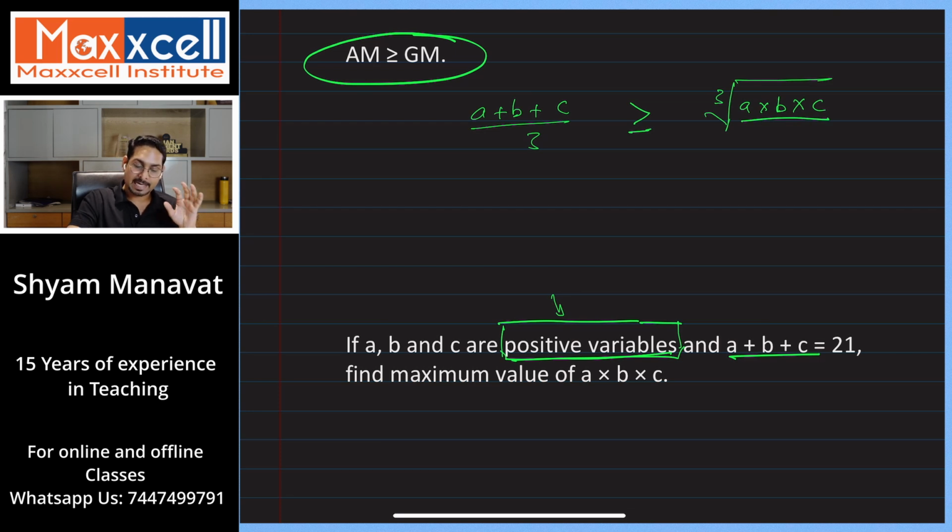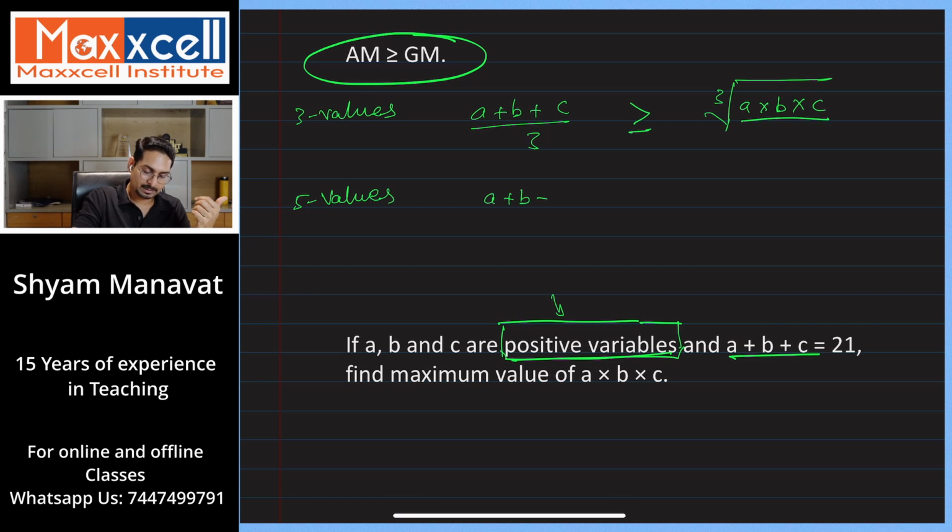So far so good. I will tell you how to use it, but first you need to understand. If I have, so this is for three values, and for five values, it's going to be what?